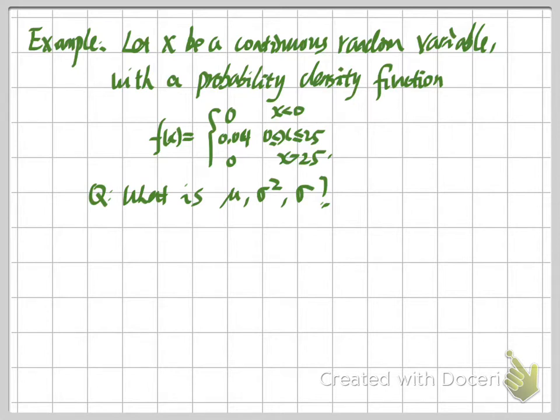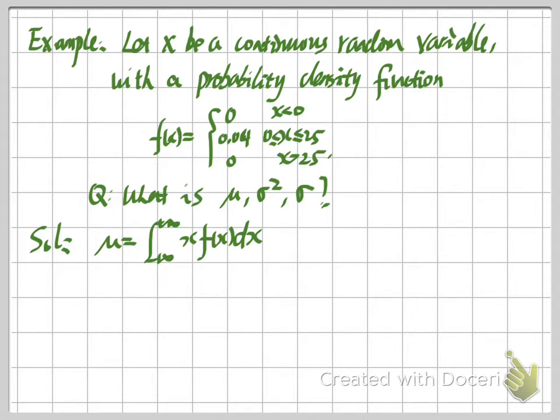To compute this, we just need to use our definitions of the mean, variance, and standard deviation. By the definition, the mean of our continuous random variable X is the integral of x times f(x) dx, with respect to x.